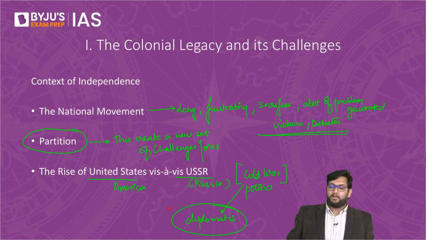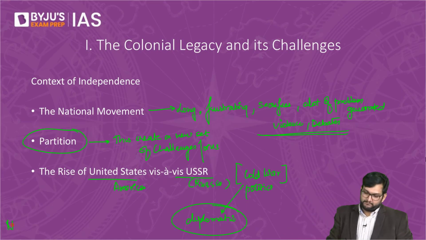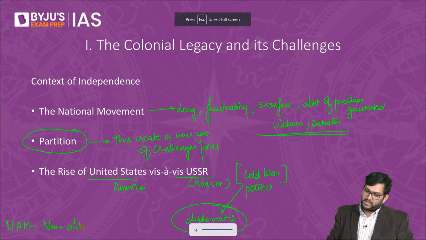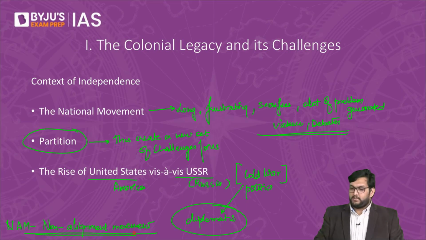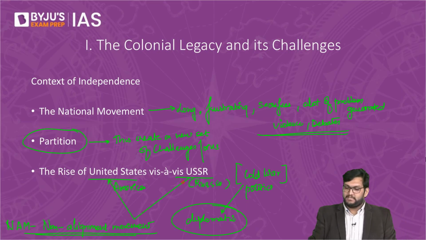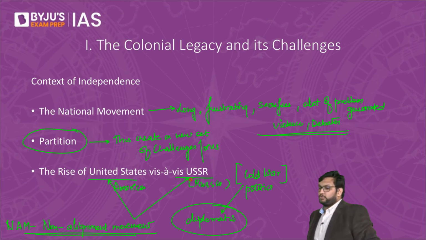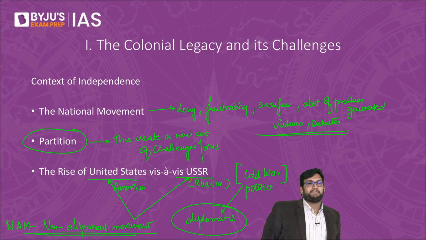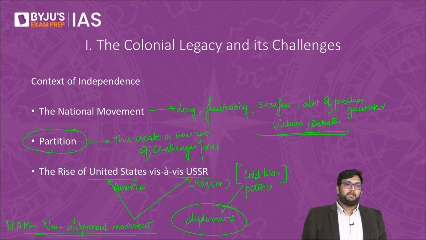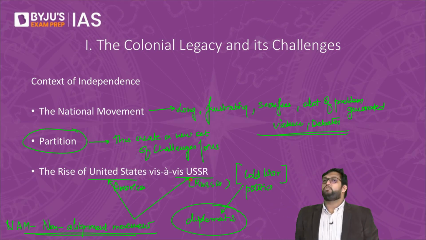And we will discuss that, which is called NAM, non-alignment movement. Which is that we will align with neither, we will talk with both. Basically, neutral stance, which is called the Nehruvian neutral non-alignment movement.